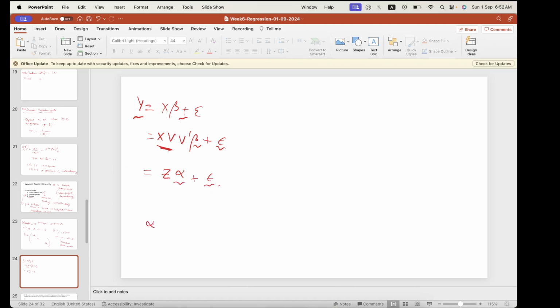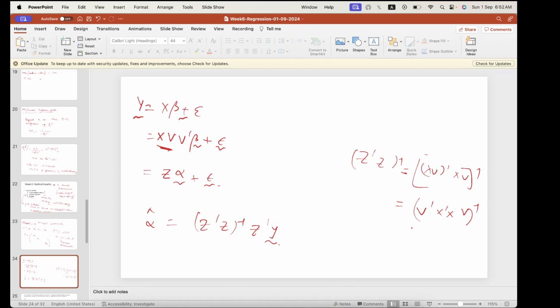Then we can find alpha hat as Z prime Z inverse Z prime y. And Z prime Z inverse would be XV prime XV inverse, so this would be V prime X prime X V inverse.